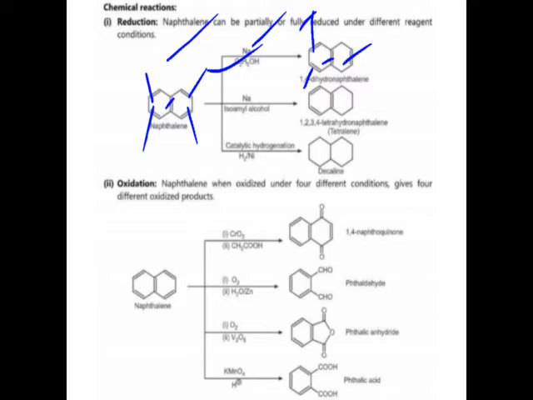Then in presence of sodium and homoamyl alcohol, that is the reducing agent, it is used. It reduces more double bonds from the naphthalene. So here only 1, 2 and 3, only 3 double bonds are present. So here 5 double bonds are present, here 4, here 3 double bonds.